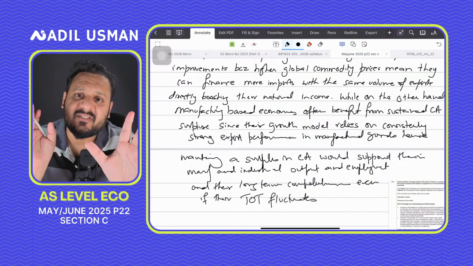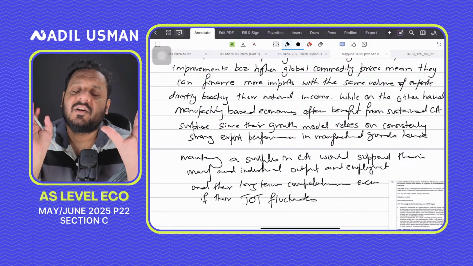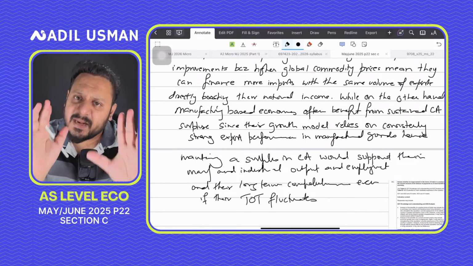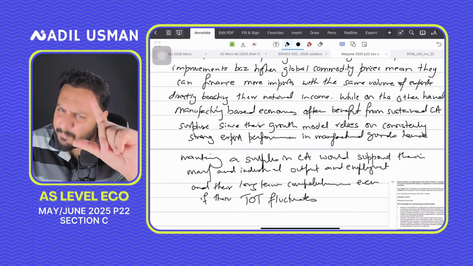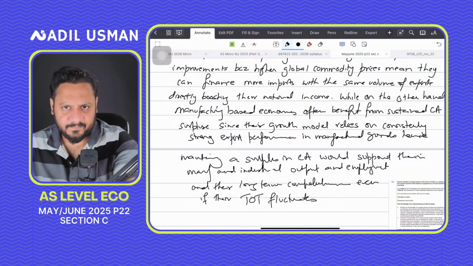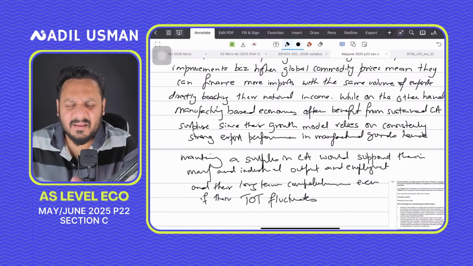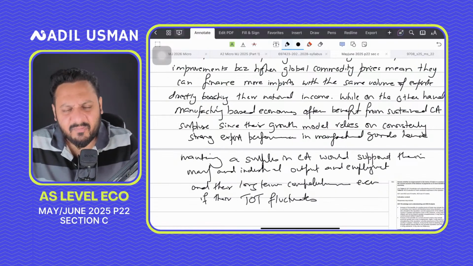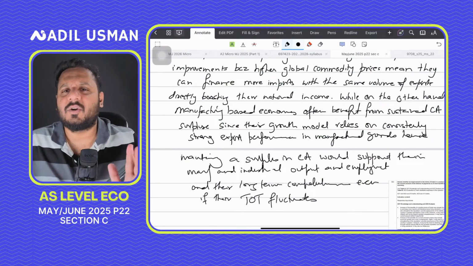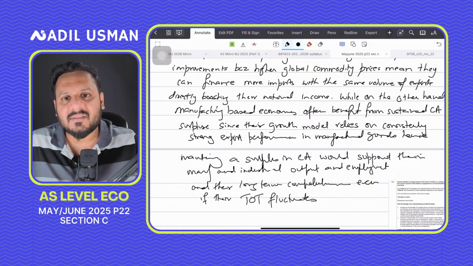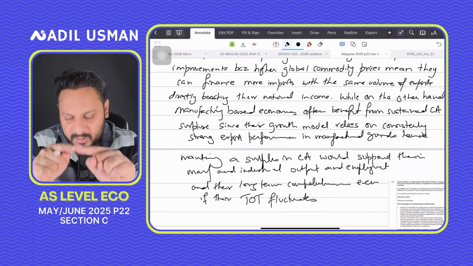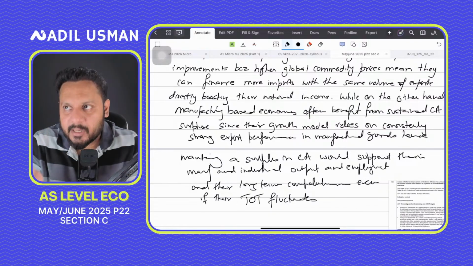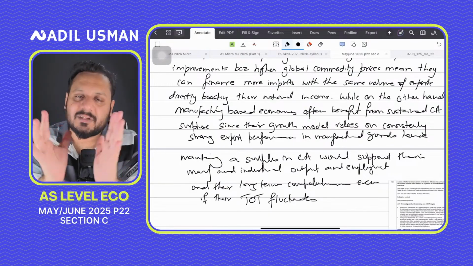Even if its terms of trade deteriorate, China will not care as long as it is able to maintain a current account surplus. So yes, a terms of trade improvement is very good for China as well. But even if the terms of trade deteriorate, China doesn't care if it can maintain a current account surplus, because China's whole growth model is based on manufacturing exports.